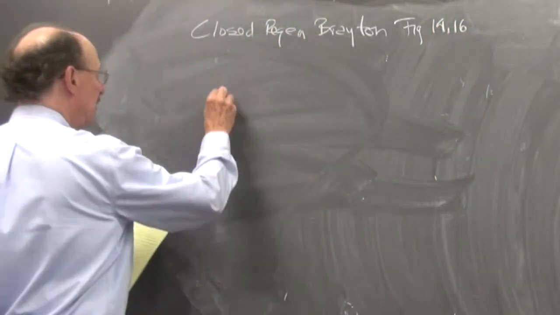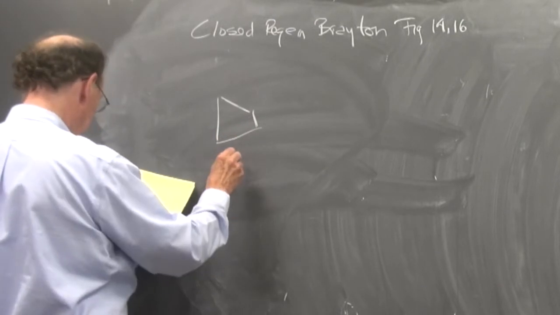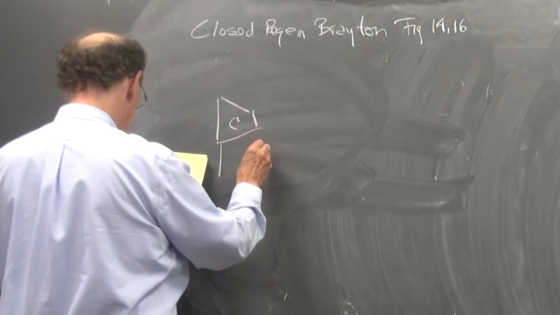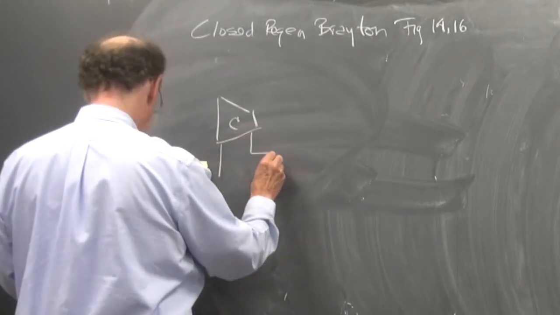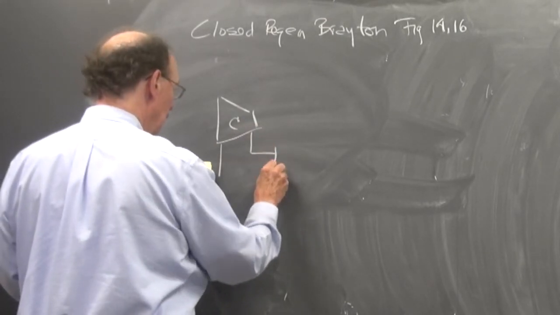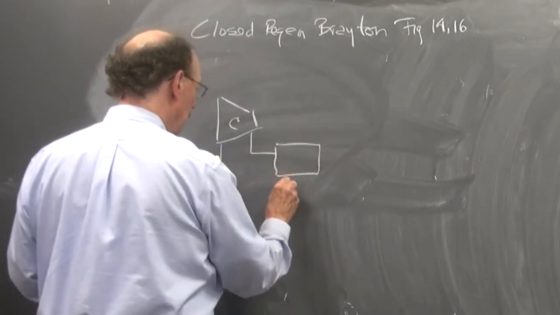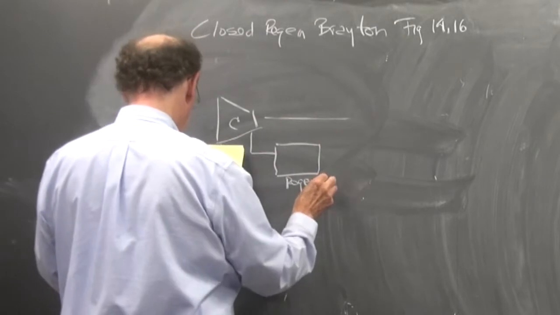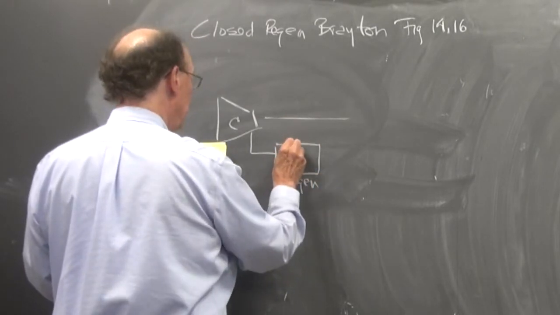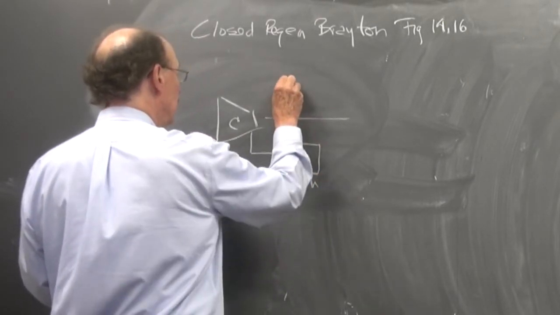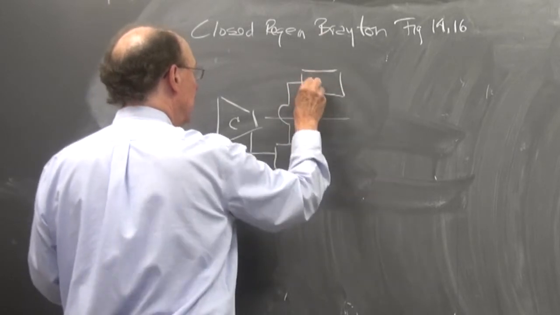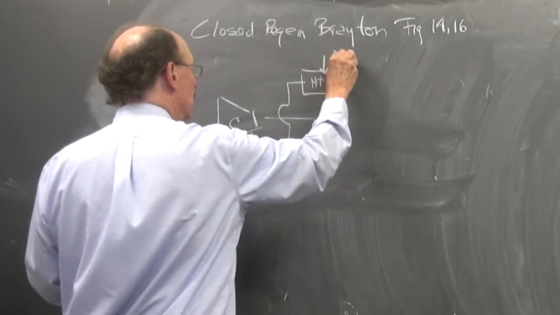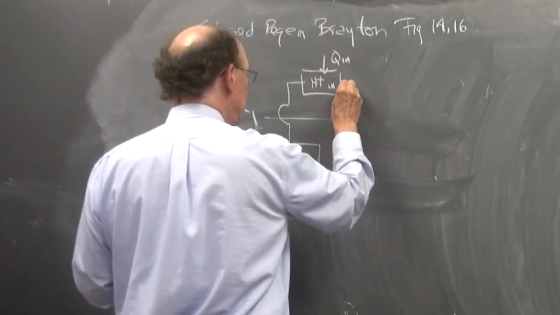So if I do this, I have a compressor. It's going to go through a regenerator. Here's the regenerator. So I have the compressor, and it comes out here at X. It goes into a heat exchanger, heat in, then goes into a turbine.